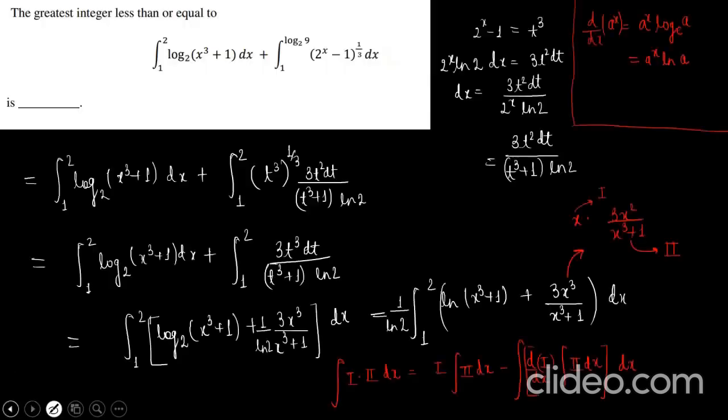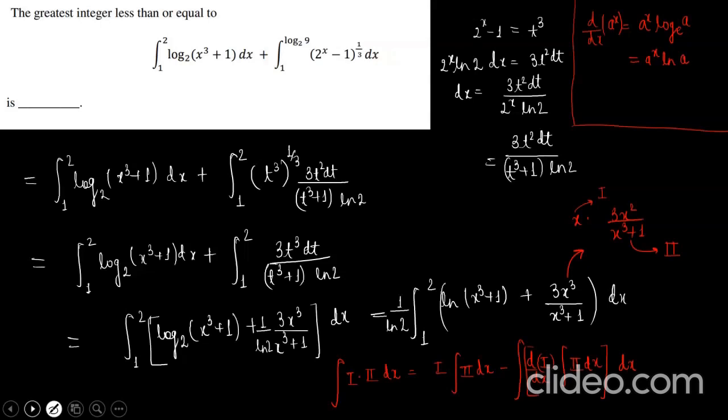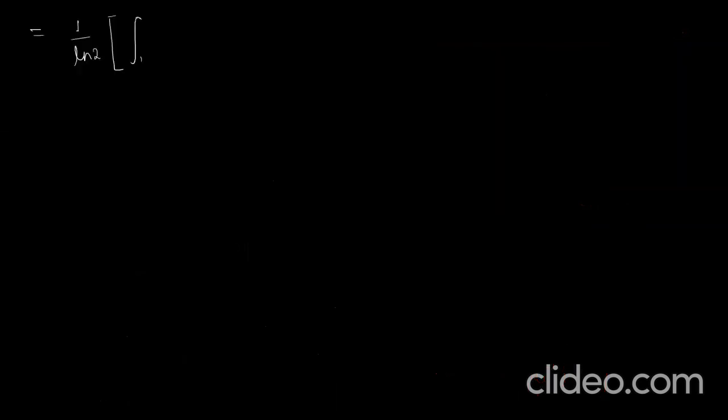So, 1 upon ln 2, let us take it in a bracket, integration of 1 to 2, ln(x³ + 1) dx, minus, sorry, plus the first function. What is the first function here?